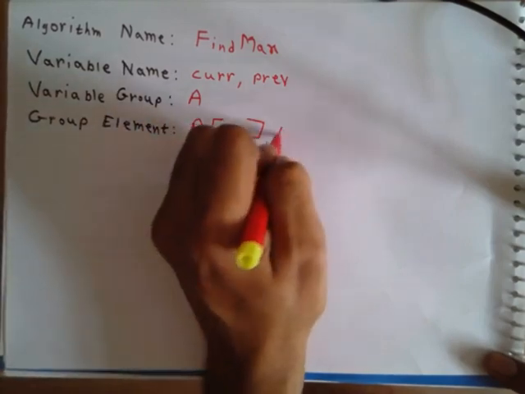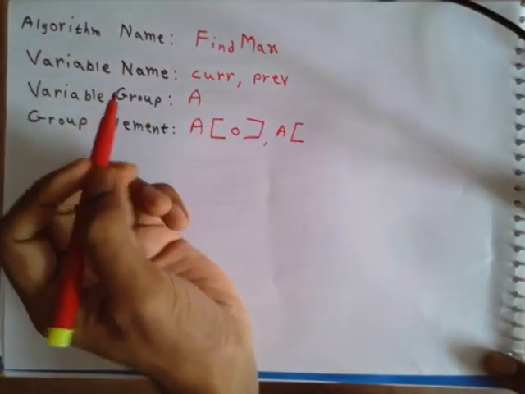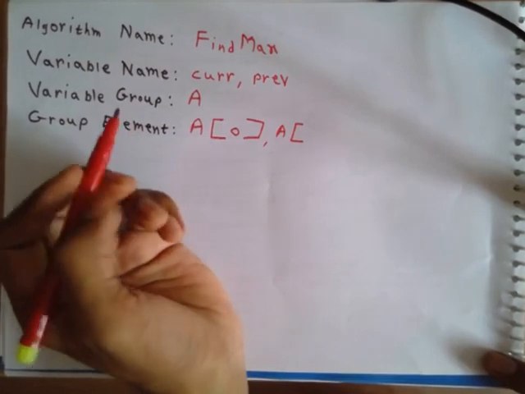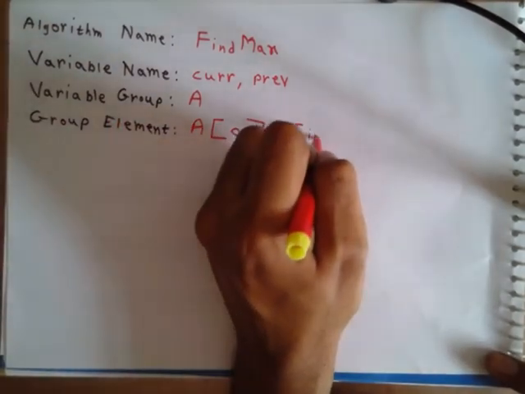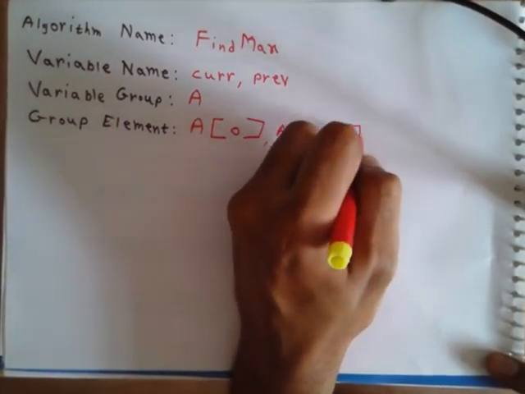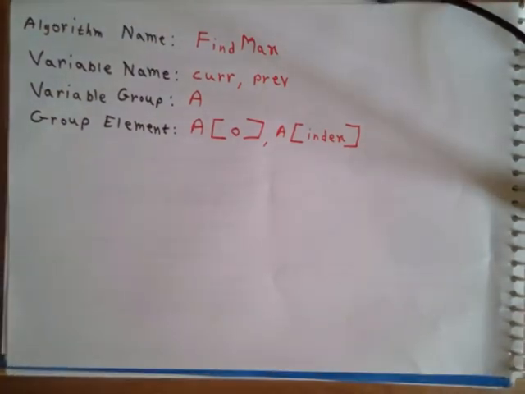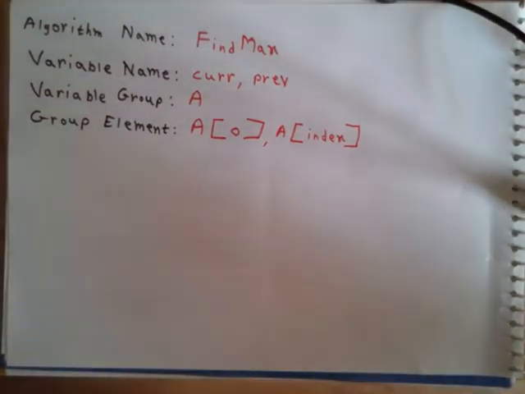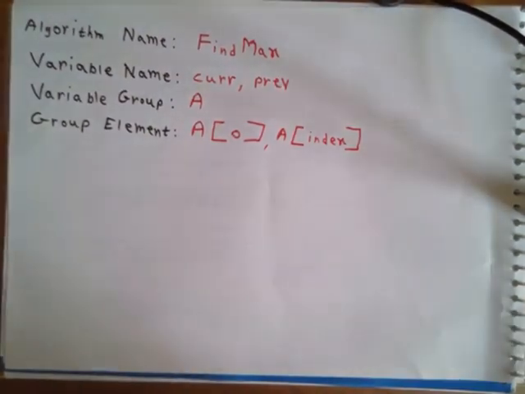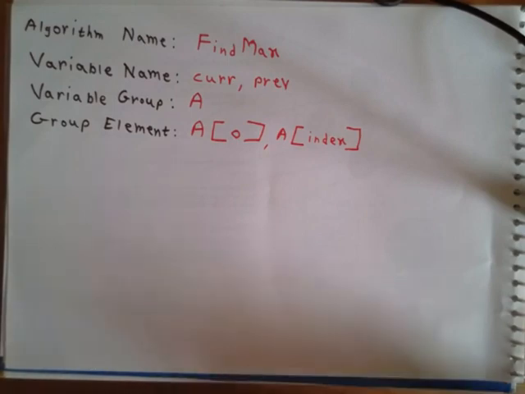If I'm accessing a particular element with another variable, let's say A[index], that's how I will access a particular element of this group. The next thing we have to talk about is how I represent a particular property of the group.